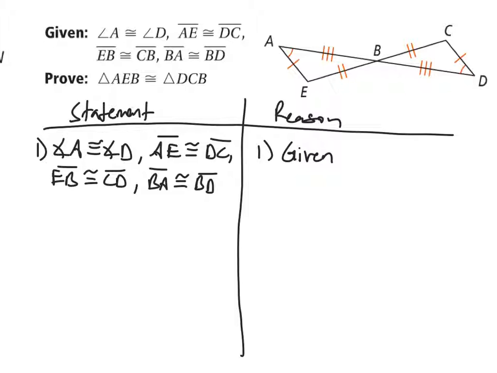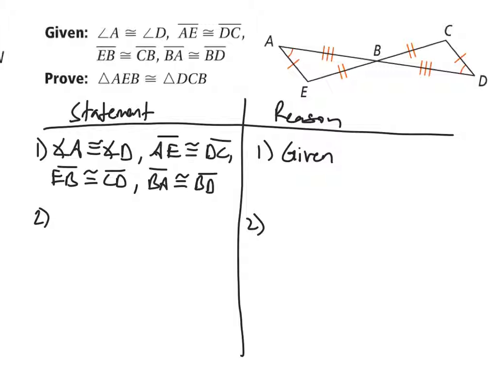All of that information is already marked in the diagram. Do we need another line segment? No, we already have all 3. Do we need another angle? Yes. How many? 2. We need 2 more sets of angles. So, I will leave it to you guys now to try to finish this proof.